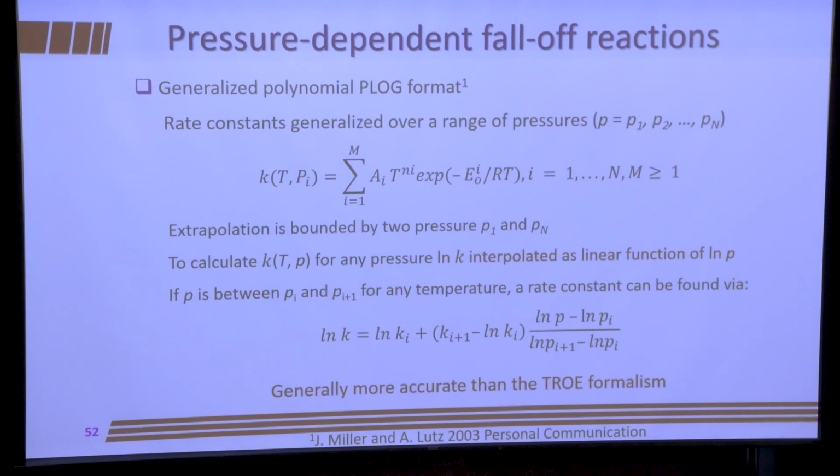The P-log format takes the rate constant between 2 pressures, and then you can interpolate a rate constant in between those 2 pressures.